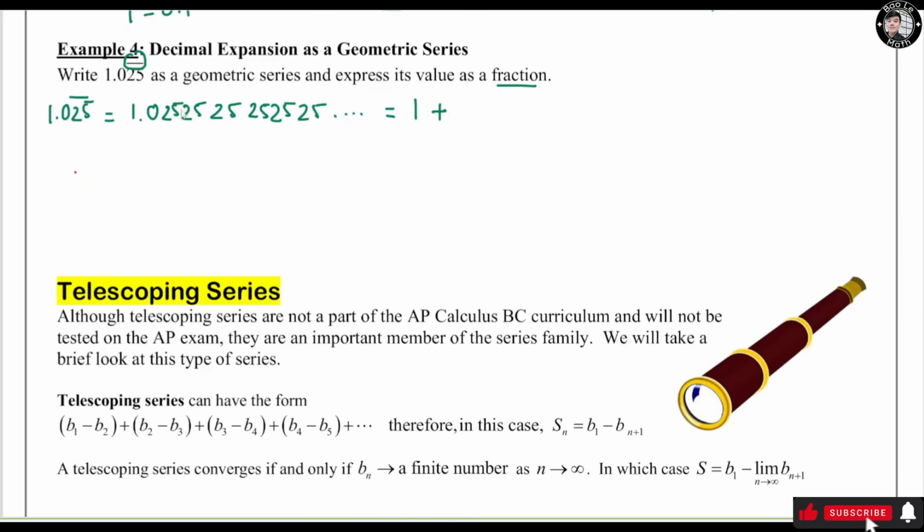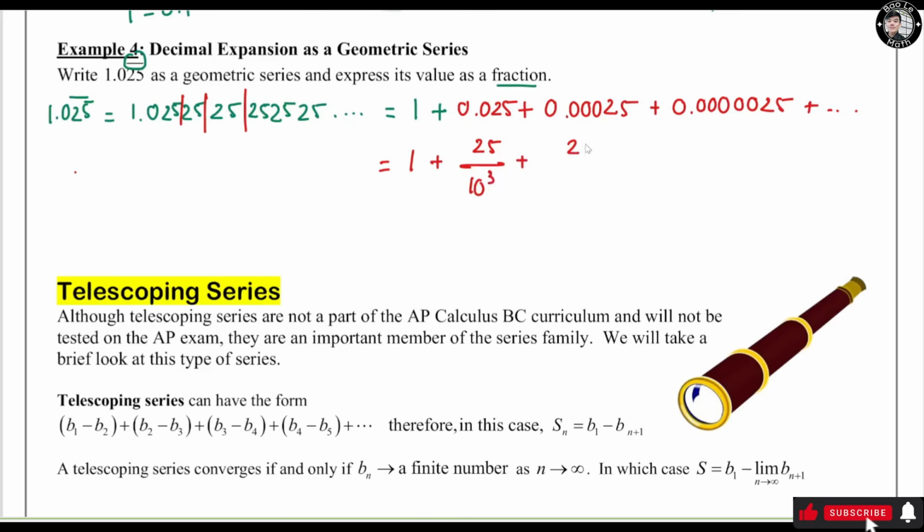And then it's going to be 1 plus, now I'm going to cut this off at 3 decimal places, so I'm going to end up with 0.025, next plus 0.00025, next plus 0.0000025, plus etc. So it's going to be 1 plus 25 over 10 cubed plus 25 over 10 to the 5 plus 25 over 10 to the 7, plus etc. Now I'm going to divide the top and bottom by 10.